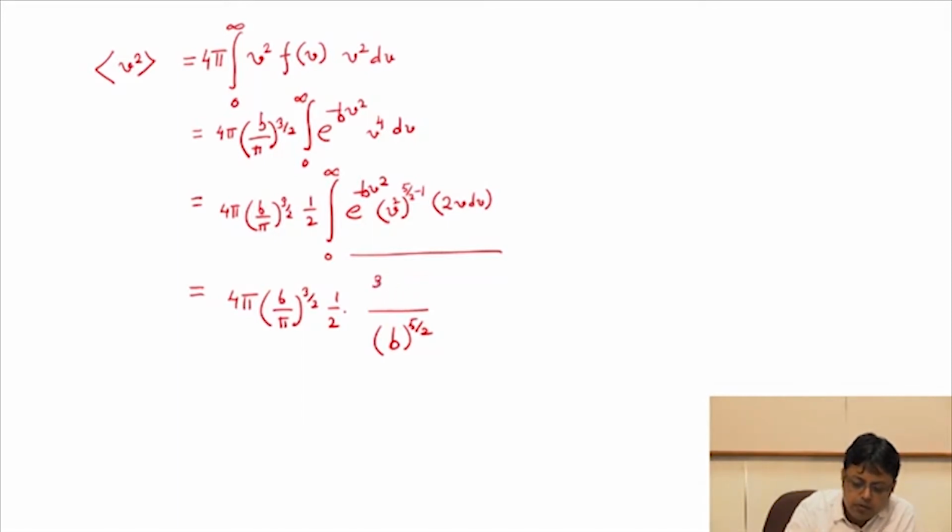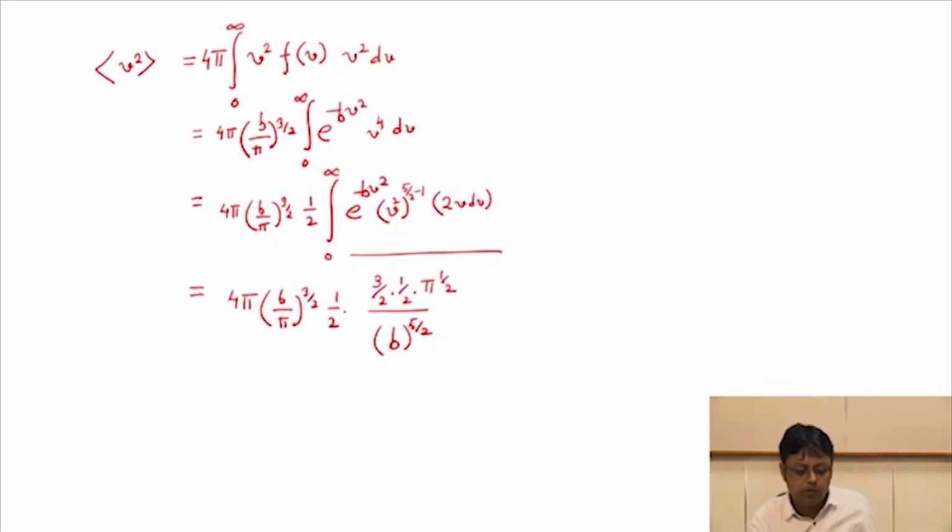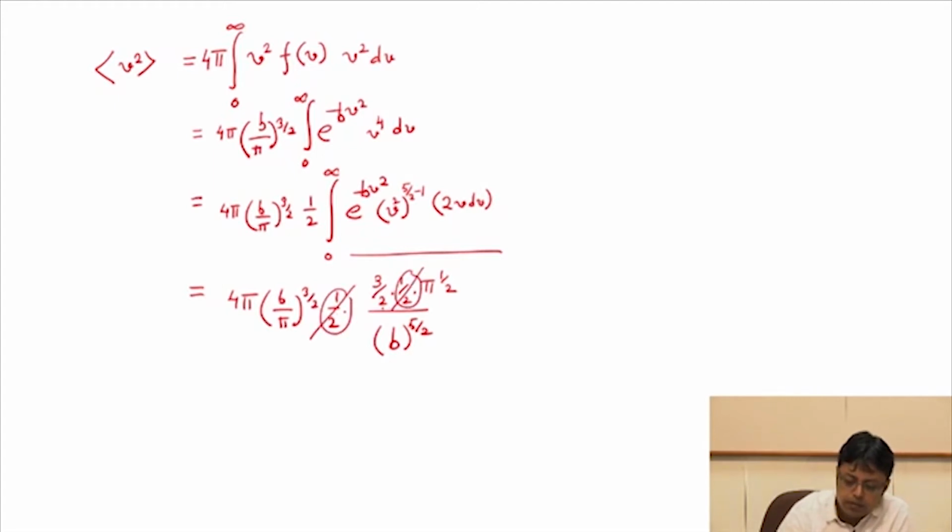Gamma 5 by 2 is 3 by 2 times half times root pi. And then let us see what we discovered. This half and this half get cancelled right away. Sorry, it's not cancelled, it will be the value.